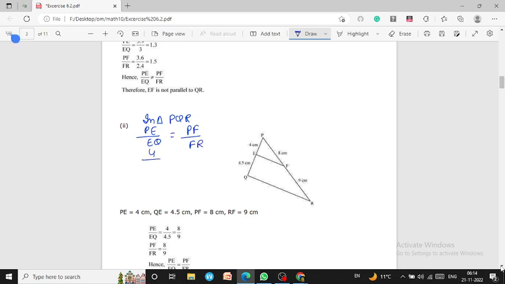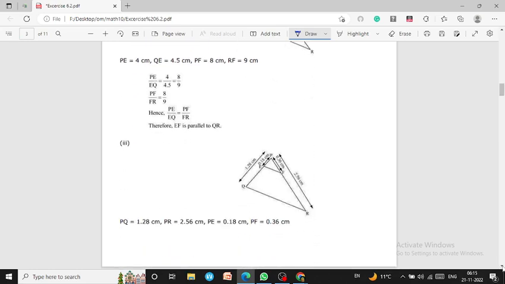PE is 4, EQ 4.5, PF 8, FR 9. Here we take 0 after deleting the point. 5 8s are 40, 5 9s are 45. Both sides are equal, so that's why we can say that EF parallel QR. It's proved.